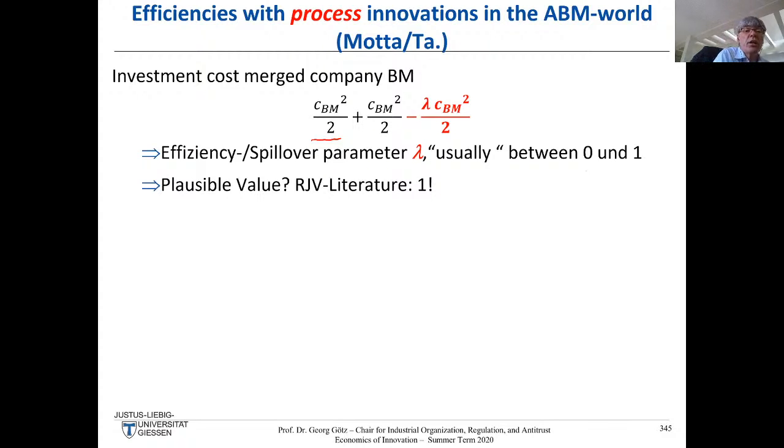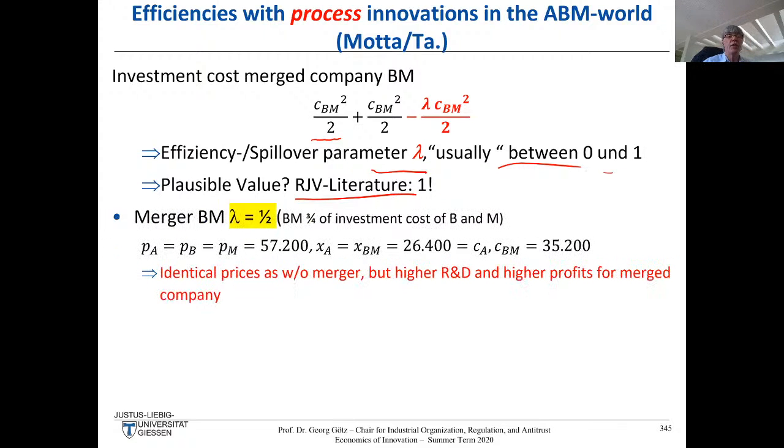So here, if we have some efficiency spillover, which is usually between 0 and 1, if it were 1, that would mean that the joint company would have the cost only one time and not twice, okay? And if we look into the RJV literature we discussed last week or so, this would also be a plausible value, okay?